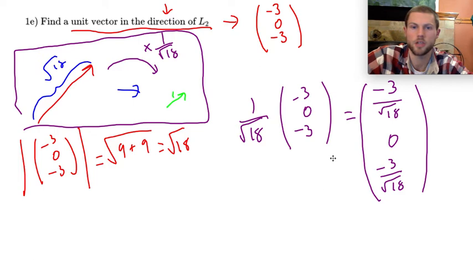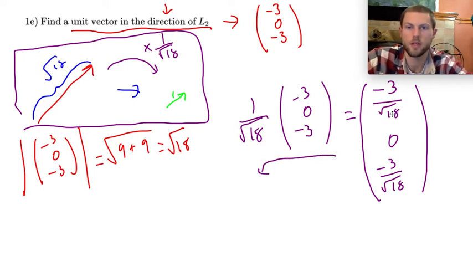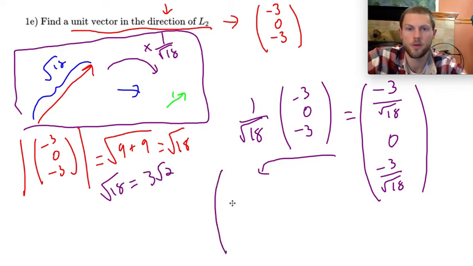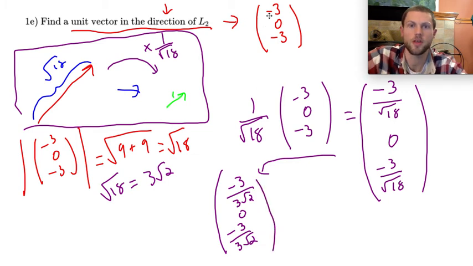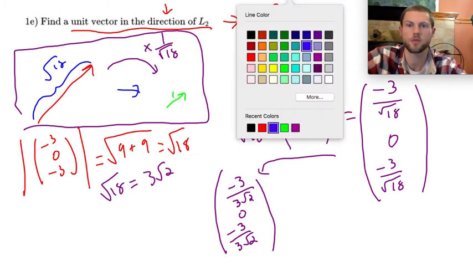I'm going to shift back over here because this does simplify a little bit. The square root of 18 has a perfect square in it. Let me just do this over here. The square root of 18 equals 3 root 2. So this is all going to equal -3 over 3 root 2, and then 0, and then once again -3 over 3 root 2. What's nice about this is that I get some things to reduce.